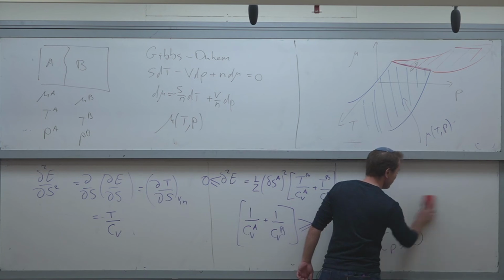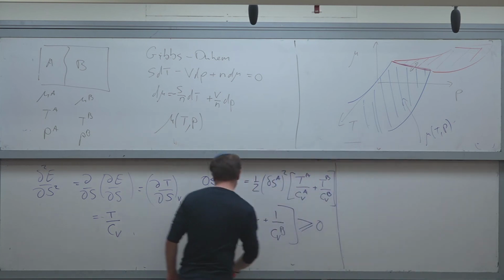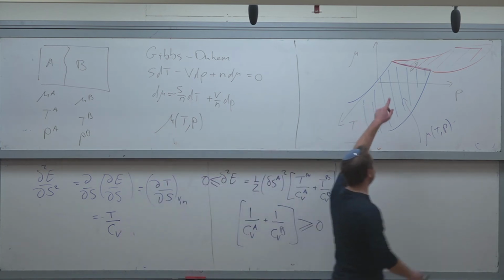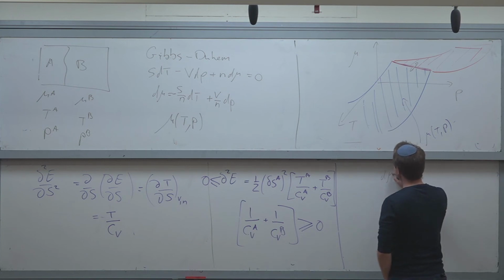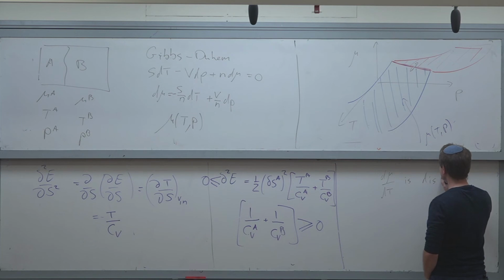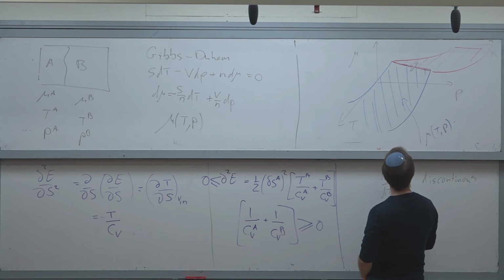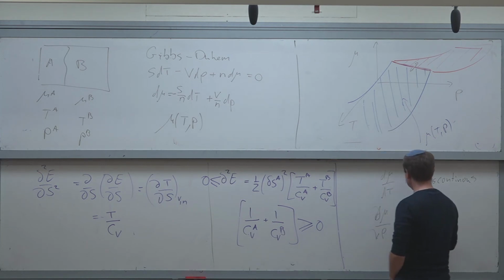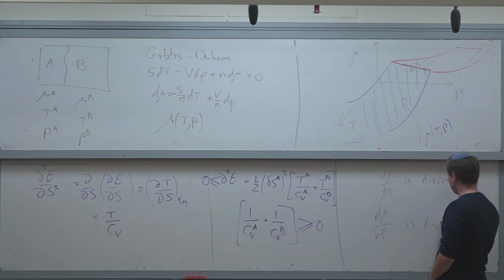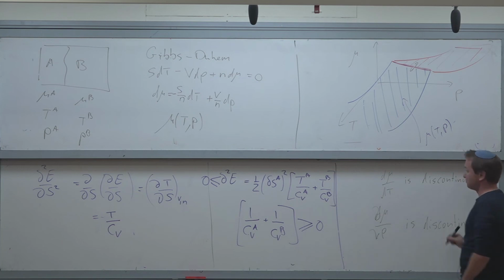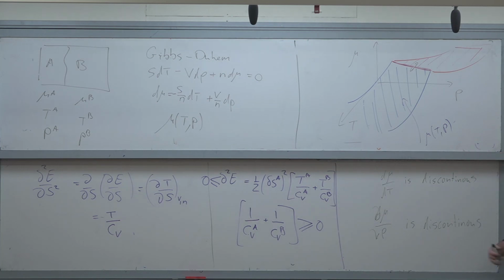Okay, so mu describes my system, and I found a region over here where d mu to dt is discontinuous, or d mu to dp is discontinuous. It can happen.